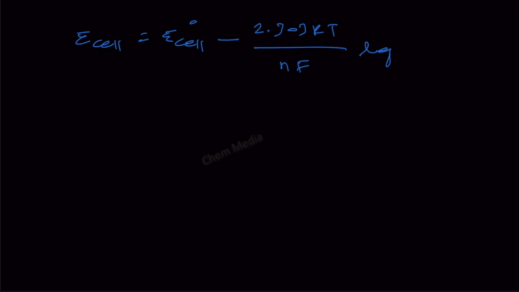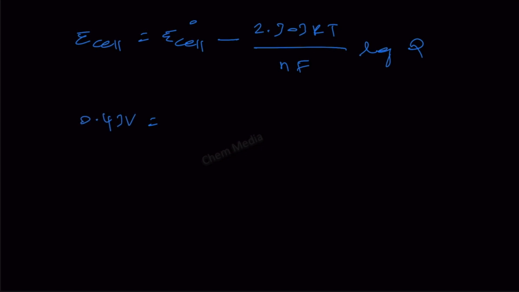Now, let us use the Nernst equation. Nernst equation is Ecell is equal to Ecell Standard minus 2.303 RT divided by NF log Q. So, here Ecell value is given, that is 0.43 volt.